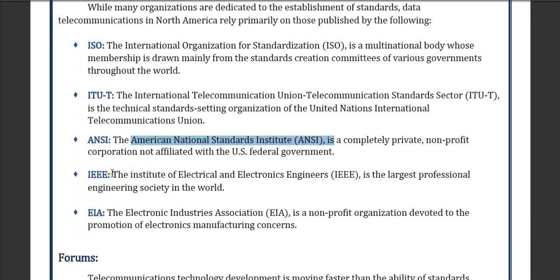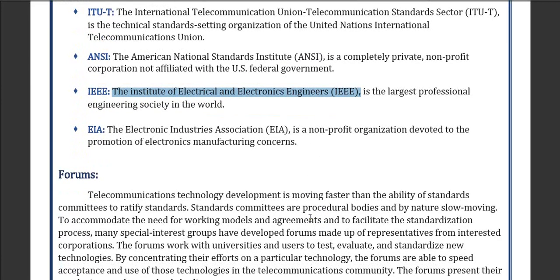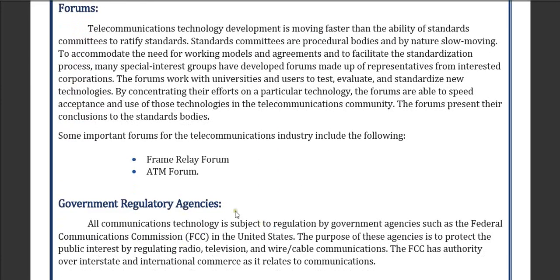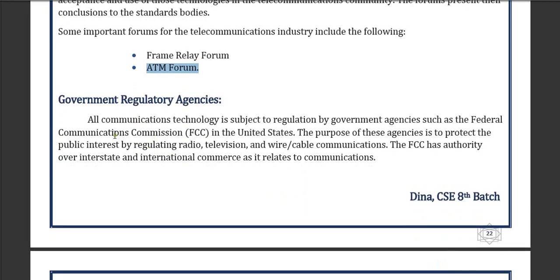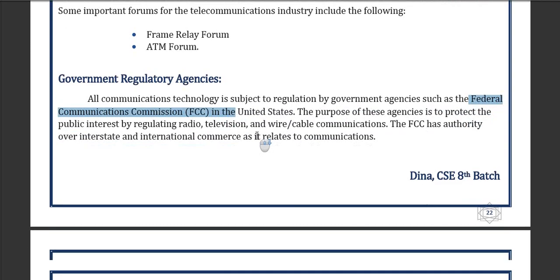Then IEEE is for the Institute of Electrical and Electronics Engineers. Then forums include the Frame Relay Forum and the ATM Forum. We will discuss them later. The government regulatory agencies include the FCC, the Federal Communications Commission in the United States.